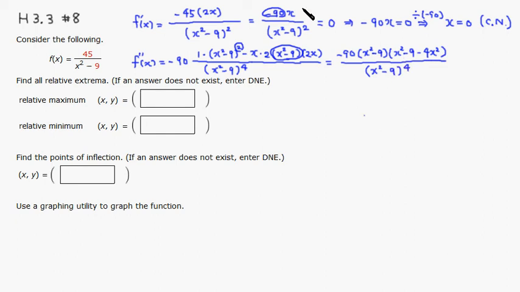Then we can cancel out the common factor. You have a quantity x squared minus 9 on top, so we can cancel one of them, so it turns into cubed.